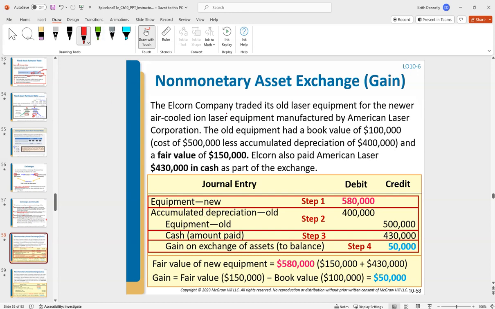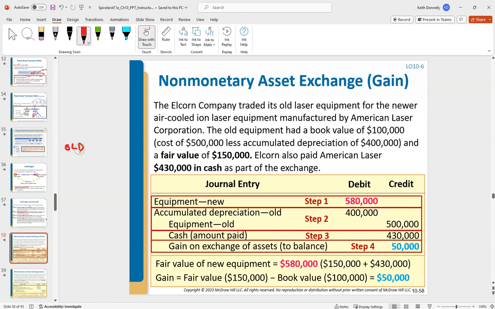We have a setup here. It looks like we're giving an old laser plus 430 in cash. That's what we're giving. What we're getting is a new laser. So we have the 4 steps.